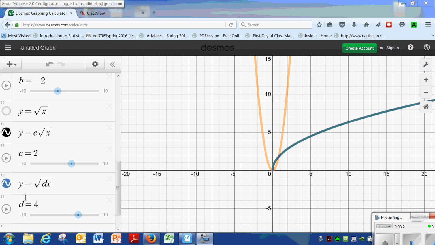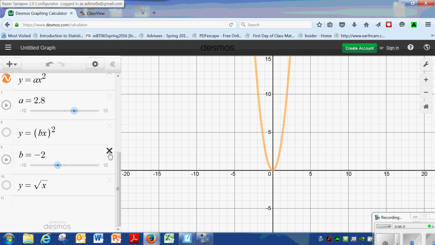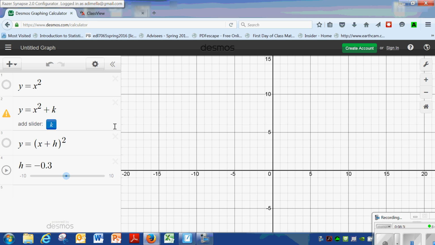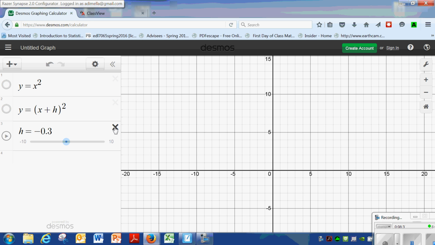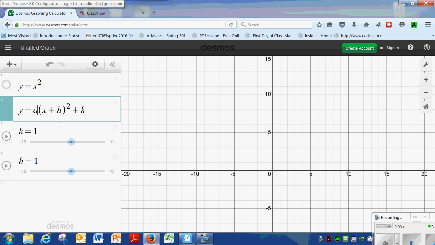Now we could put all of these concepts together into one big graph. So let's say that we wanted to talk about the x squared again, but now I'm going to have lots of stuff going on, and I'm going to leave my a out front here.